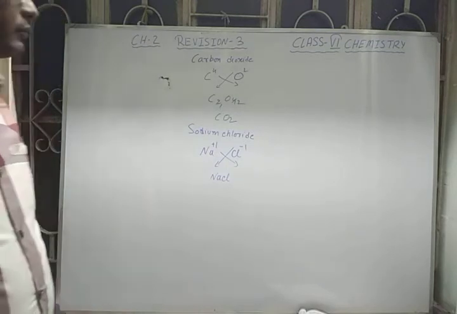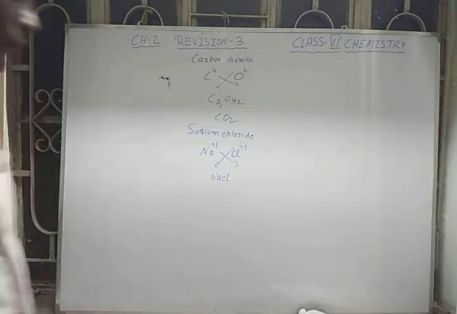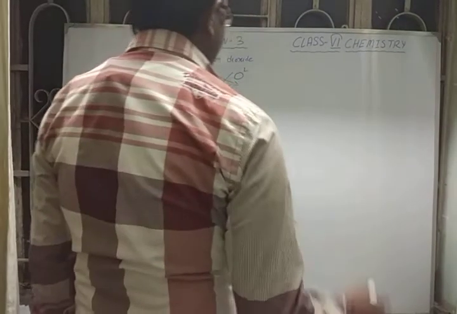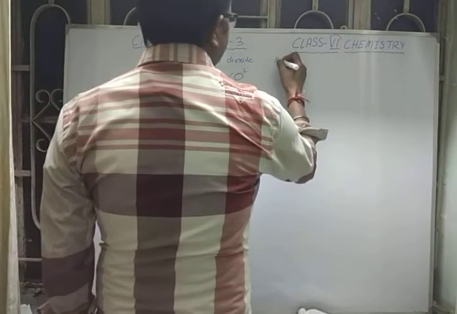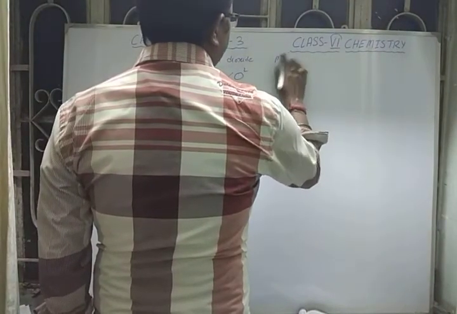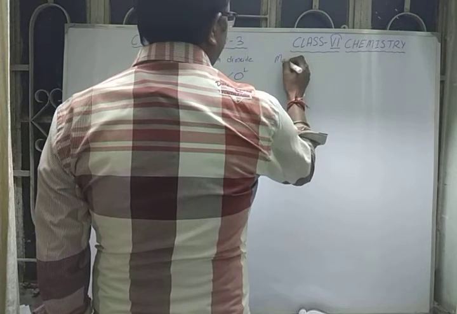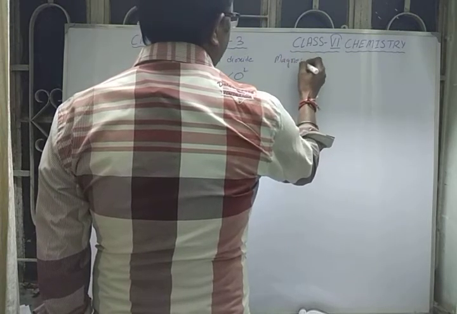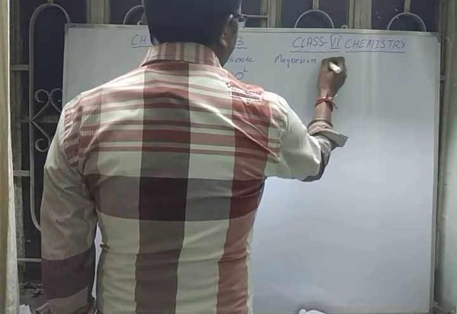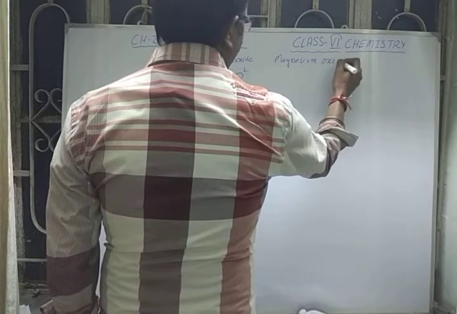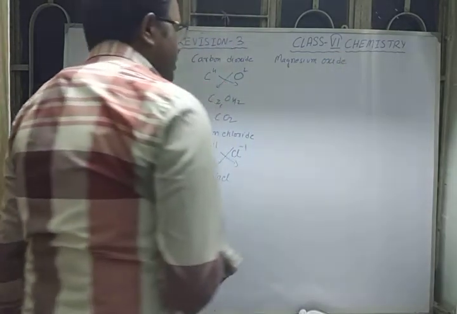So the formula of sodium chloride is NaCl. In a similar manner, let's make the chemical formula of magnesium oxide. What is the formula of magnesium oxide?